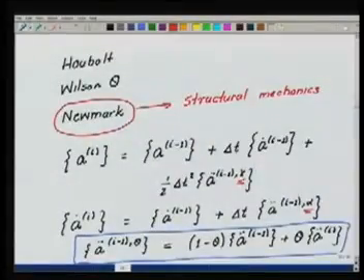How do I choose a member of this family for my implementation? Well, stability and accuracy are the two important criteria based on which I have to choose.